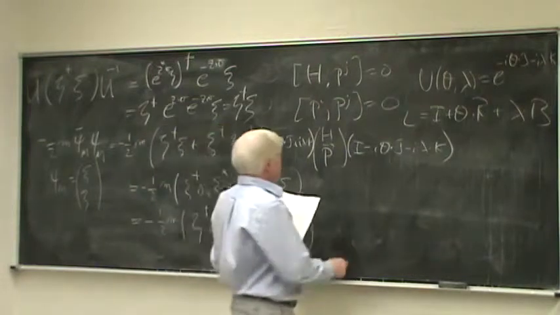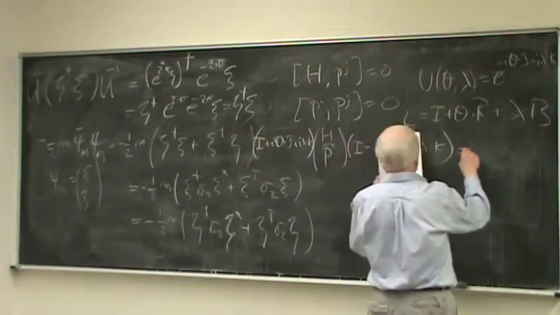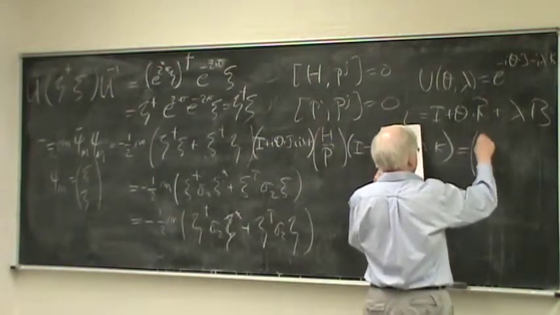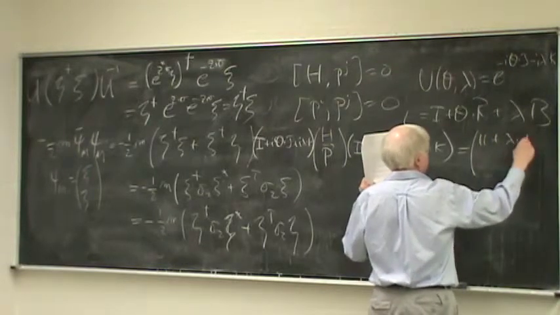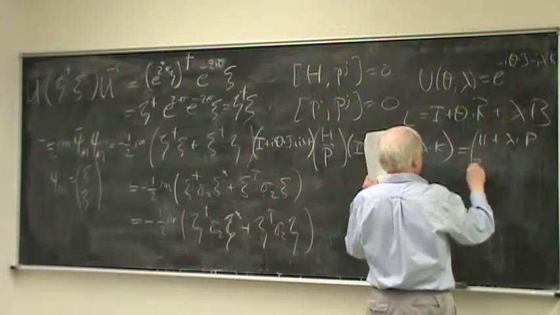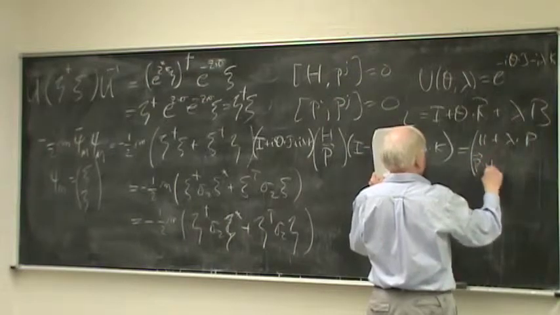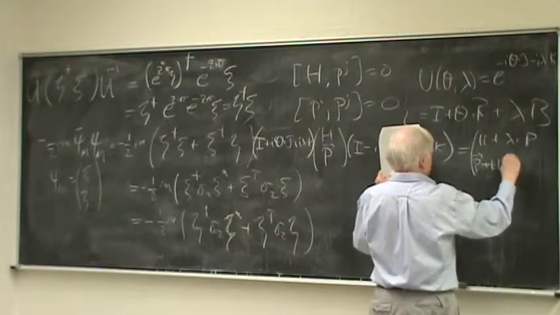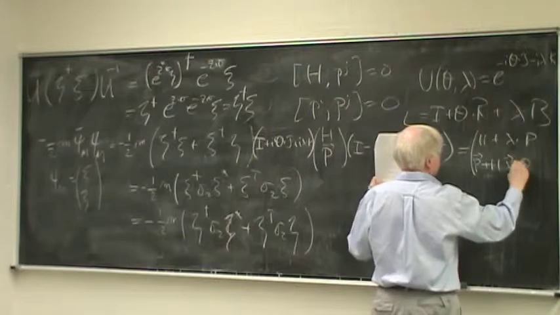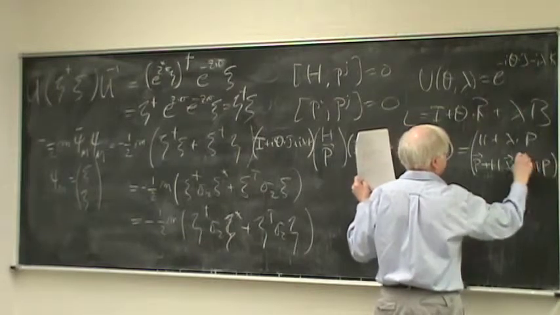What is it? Well, this thing has to transform as a 4-vector. So what we have to have here is H plus lambda dot P and P plus H lambda plus theta cross P.